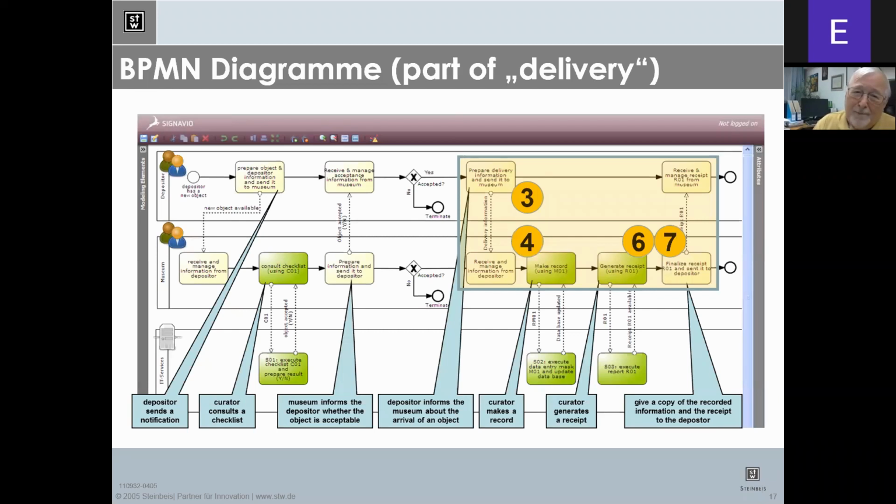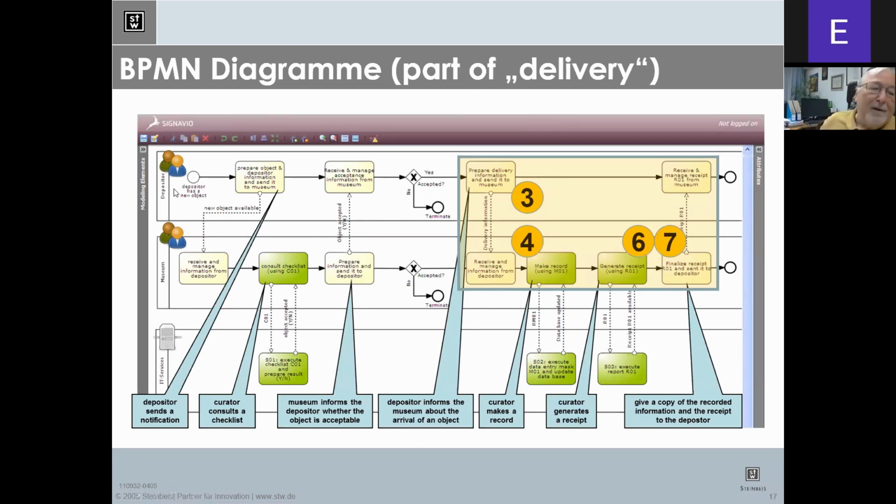And one activity out of his institution is Signavio. If you remember the name and Google Signavio, you find a free trial version valid for 30 days, where you can use this editor already. If you have time, probably I can show it to you. And this is an outline of this editor.